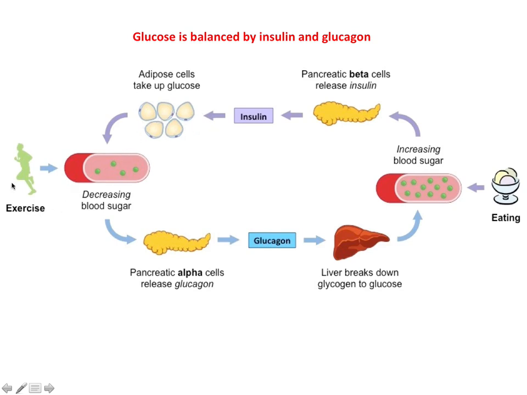On the other hand, when you exercise more, your blood sugar level decreases, and the pancreatic alpha cells start secreting glucagon, which goes to the liver and breaks down glycogen into glucose again. Thus glucose is balanced in the human body or any mammalian body by these two hormones. That's all about the pancreas and its hormones.